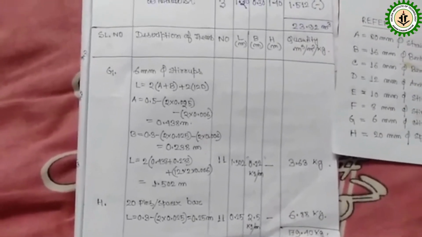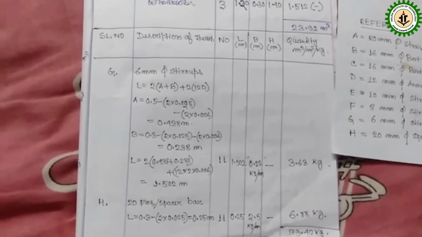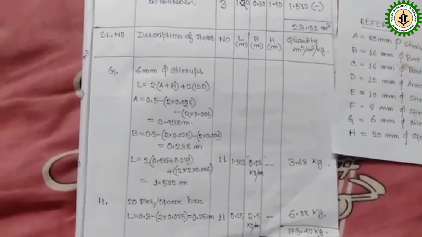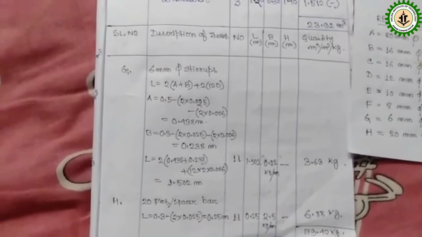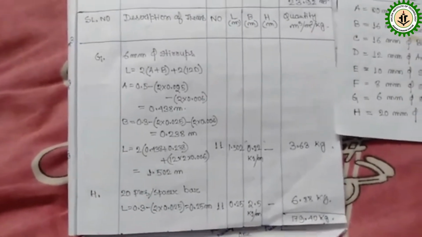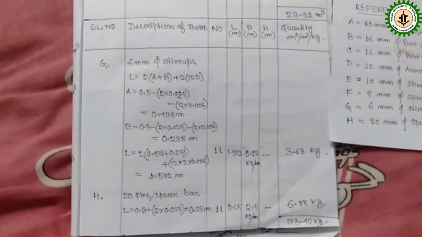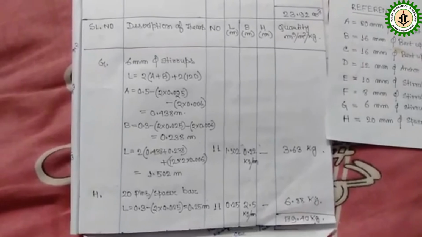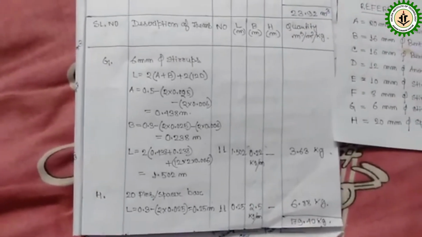The width of our beam is 0.30 meter and the cover is 0.025 meter on a single side. Here also we have to deduct the cover from both sides. So the length becomes 0.3 minus 2 into 0.025. So that is coming 0.25 meter. So the length of our spacer bar is 0.25 meter.